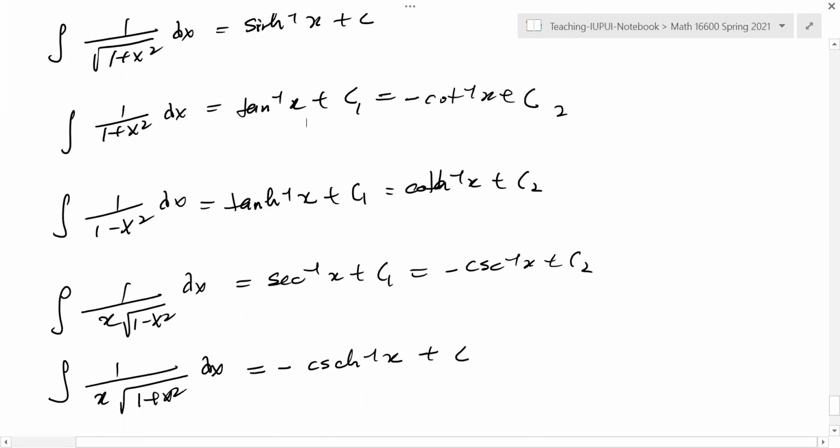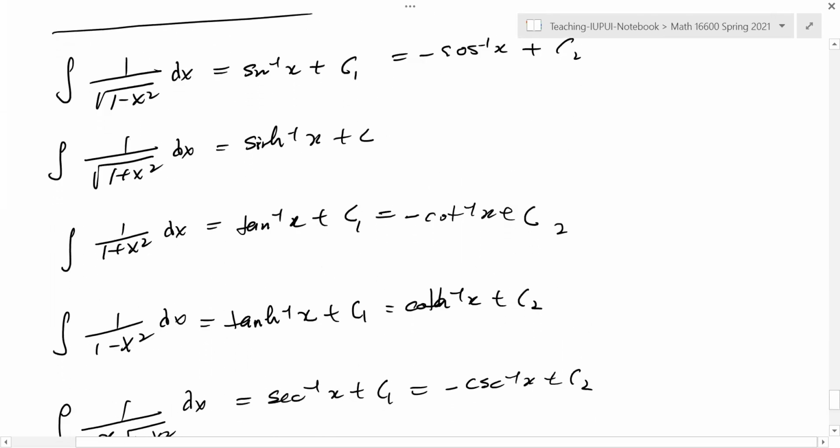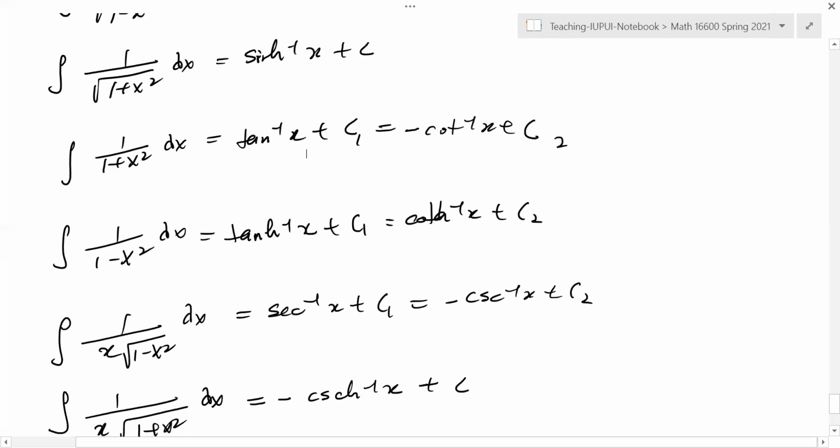Secant, hold on. The fifth, that's a secant. Yeah, secant. You can double check that. Wait a minute, did I make mistakes?